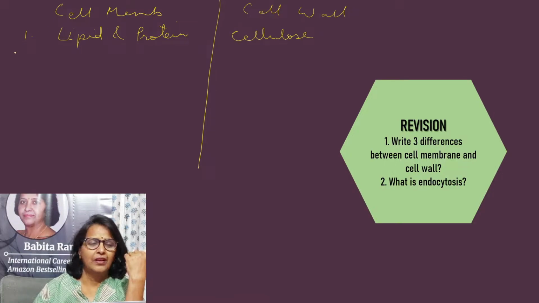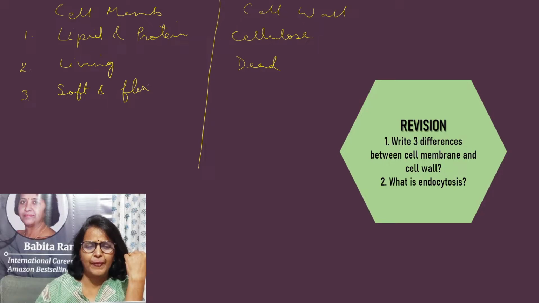cellulose. Second difference, cell membrane is living, cell wall is dead. Third difference, cell membrane is soft and flexible, cell wall is rigid and hard.